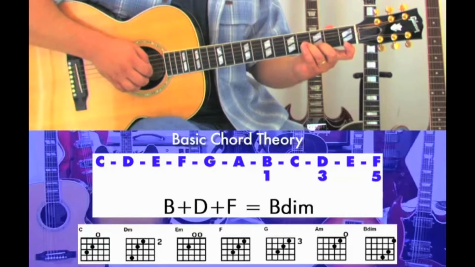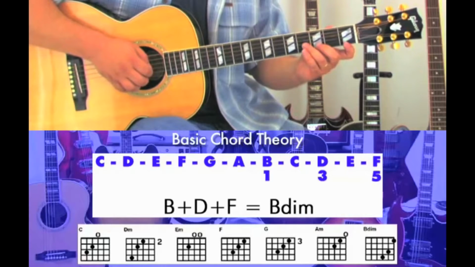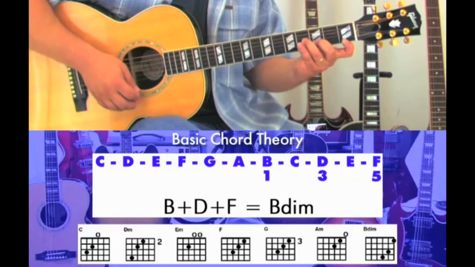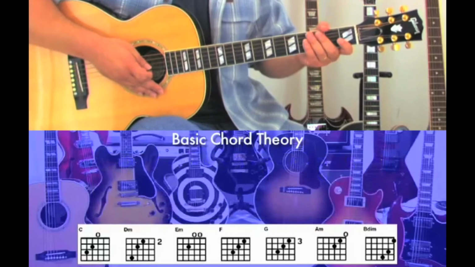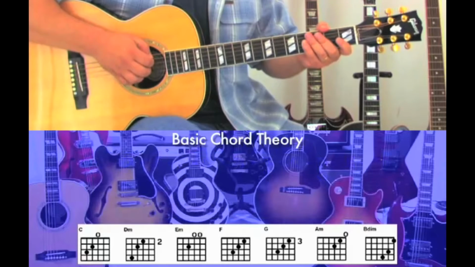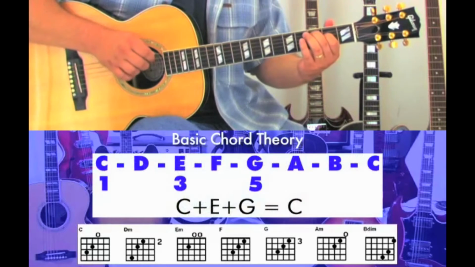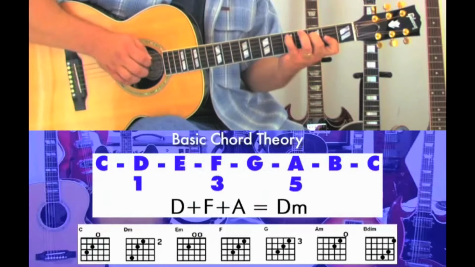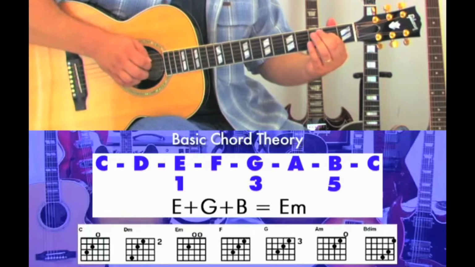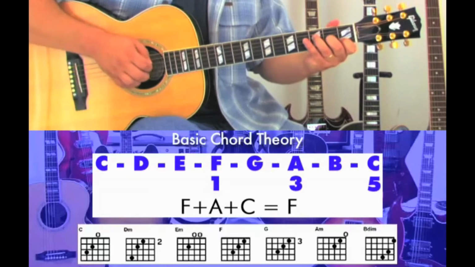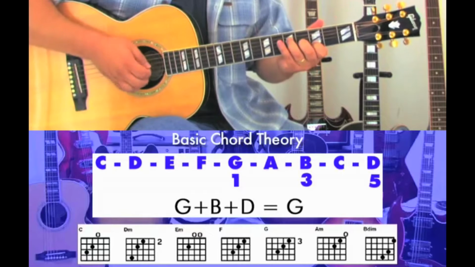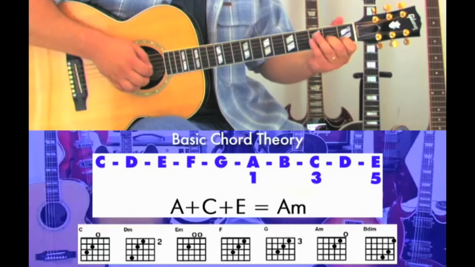So if we want to stay within our scale, or within the key of C, our seventh chord will be a B diminished. Altogether, the C scale harmonized as chords is C, D minor, E minor, F, G, A minor, and B diminished.